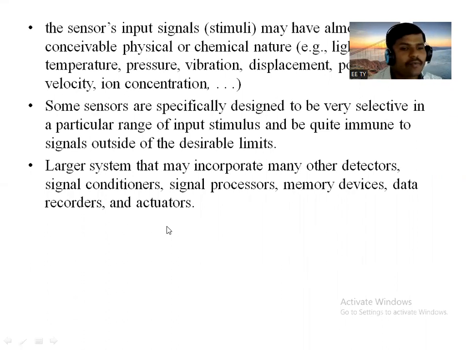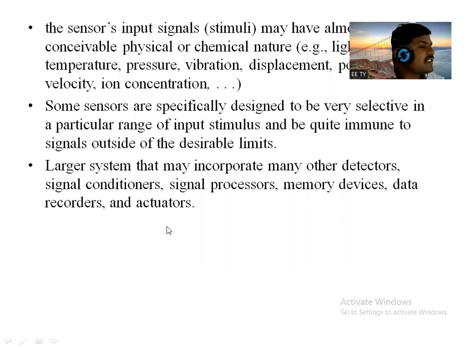Beyond that limit it will not sense. Suppose you are considering an infrared sensor, or for example a path following robot: if there is a maximum distance between the robot sensor and the path, will it be sensed?